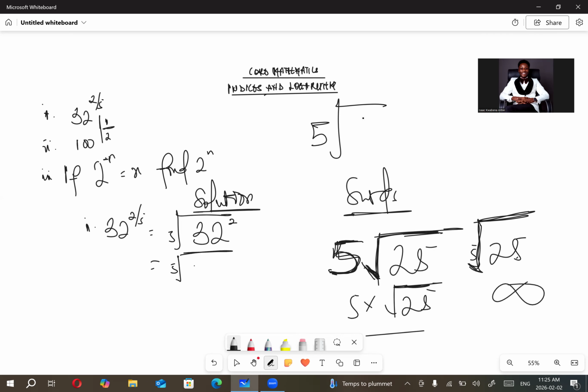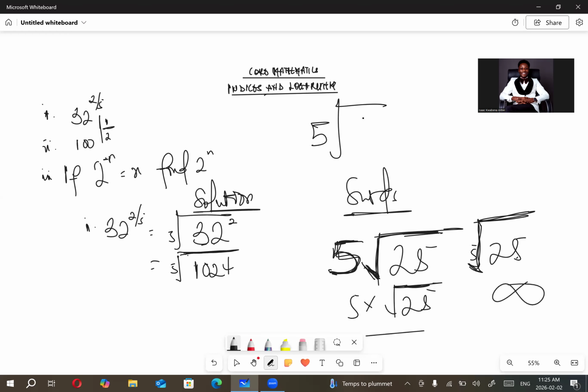Anyway, so can you check for me 32 index 2? I think I have a calculator here. That will give you 1024. I've not tried the other way, but in situations like this, please solve the one inside the root first. So 32 index 2, find a solution.